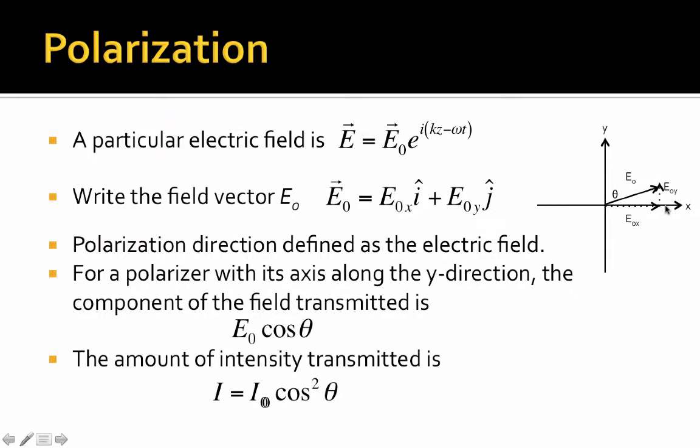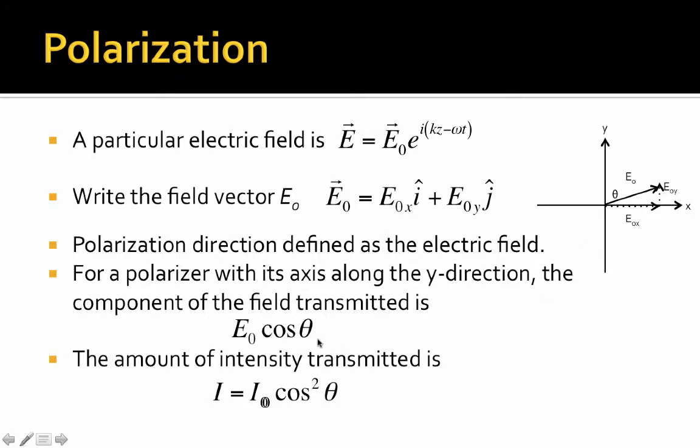And we can take any two perpendicular components and break up our electric field into those two perpendicular components. We call the angle of this electric field as defined from some axis. Where I drew theta here, the electric field would be defined relative to the y-axis.